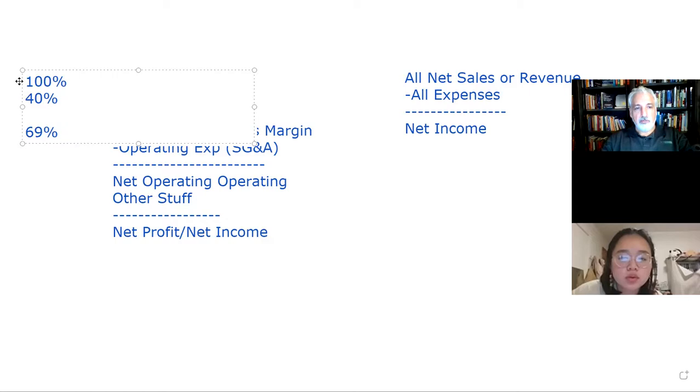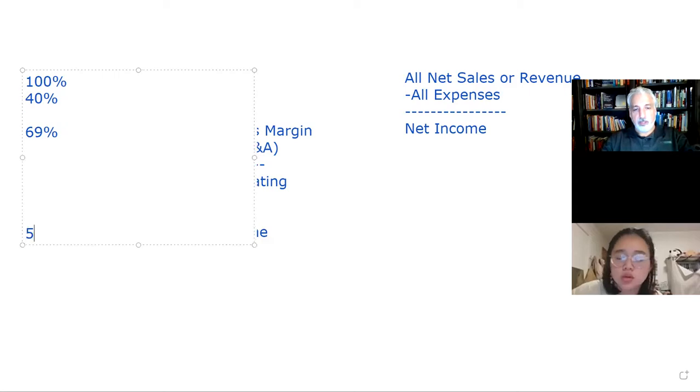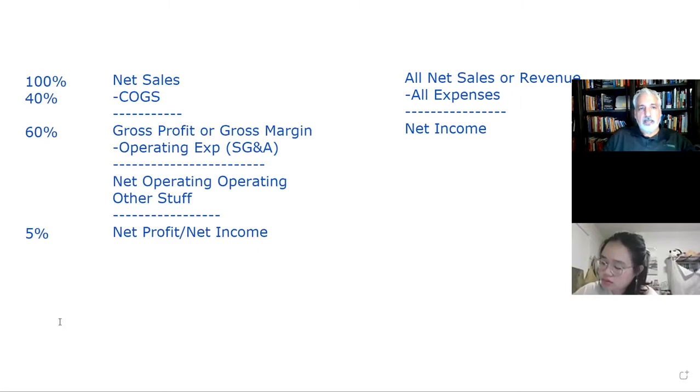And then if I get down to the bottom line, I might get down to 5% as my net income percentage, if I get the right numbers in here. If you look at that, you might be given a cost of goods sold percentage and ask for gross profit. So you should be able to go back and forth and calculate that stuff pretty gracefully.